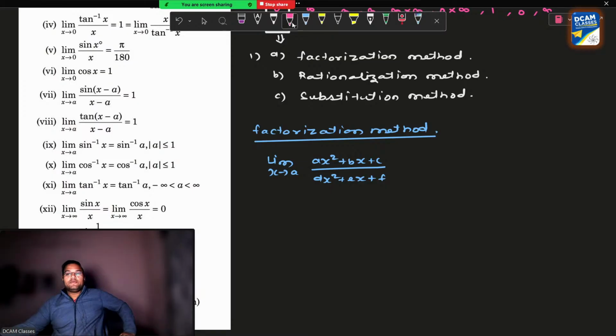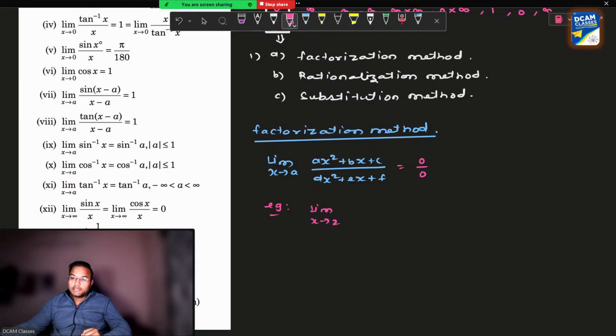You put the value a inside, and then you are getting 0 by 0 form, right? You have to identify that. Suppose I give you an example: limit x tending to 2, x cube minus 4x square plus 4x divided by x square minus 4.